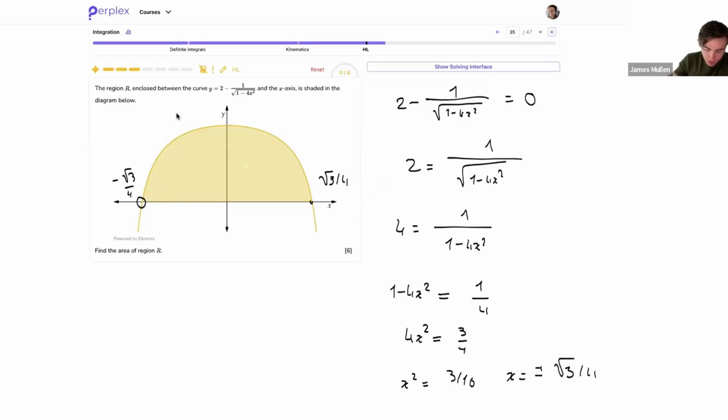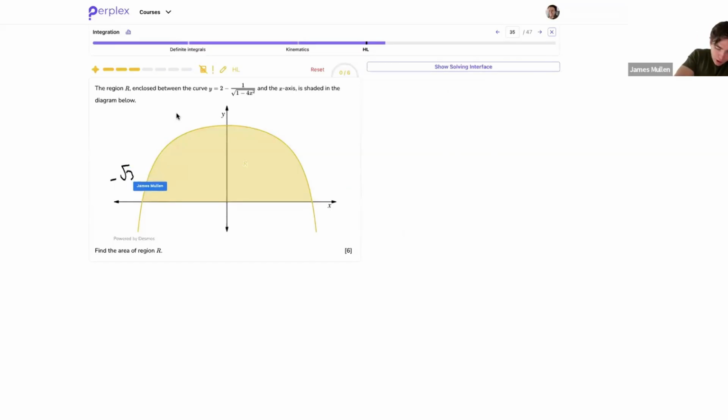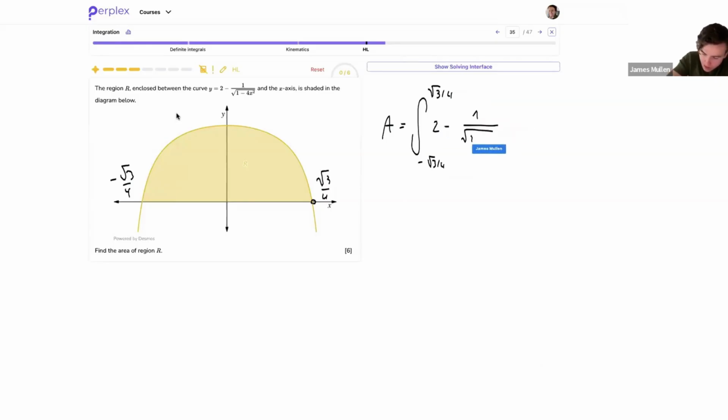Now, I'm going to have to clear my screen. So that means my area is the integral from negative root 3 over 4 up to root 3 over 4 of 2 minus 1 over square root of 1 minus 4x squared dx.